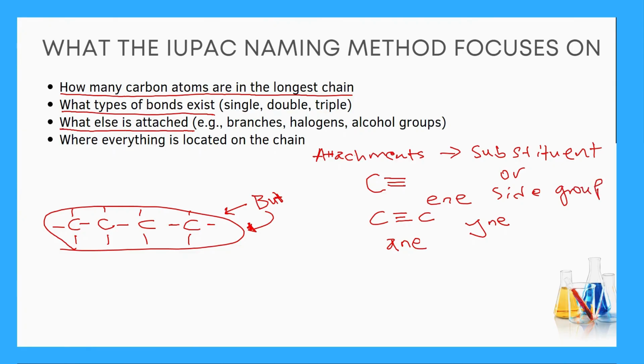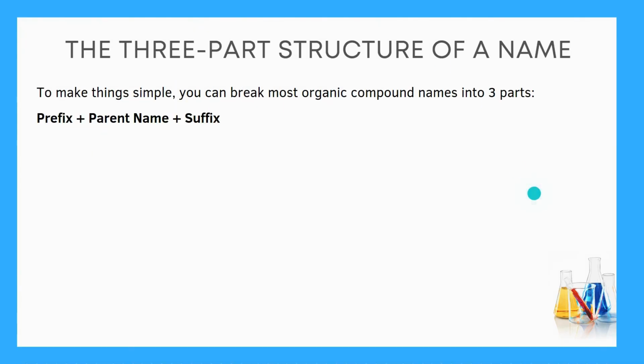We're going to get into more details. For example, you can have branches, you can have halogens, you can even have alcohol groups as attachments and as substituents. And then the next thing that the IUPAC naming method focuses on is where everything else is located on the chain, and we're going to be dealing with all of this step by step.